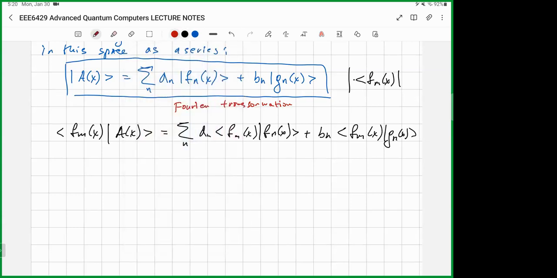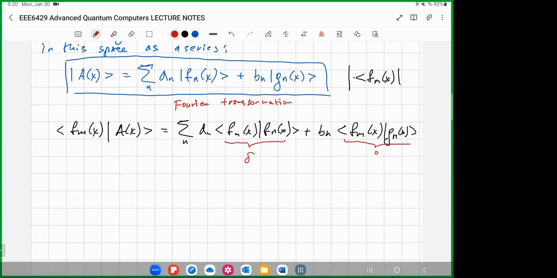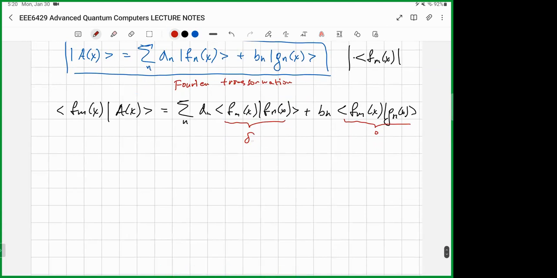We see that this one is equal to 0, because any product of f and g equals 0, and this one is equal to the Kronecker delta mn.